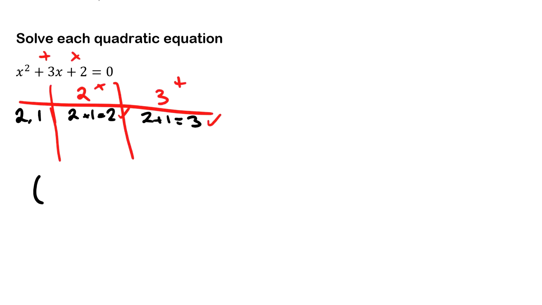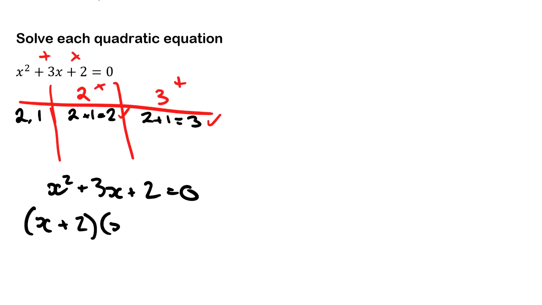So remember, when we factorize these down, my x squared plus 3x plus 2 turns into x plus 2, x plus 1. Our two numbers that we had up here are now down here. Once I've done that, I look at the individual parts.